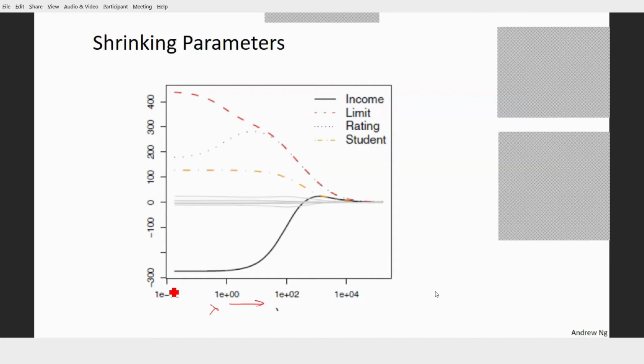If you see, as the value of lambda is increasing, all the coefficients are moving towards zero. This coefficient had a value of 400, this coefficient had a value of minus 300, and so on. So income had a value of minus 300, and we see that as your lambda is increasing, the value of your thetas is shrinking, and it is shrinking to zero.